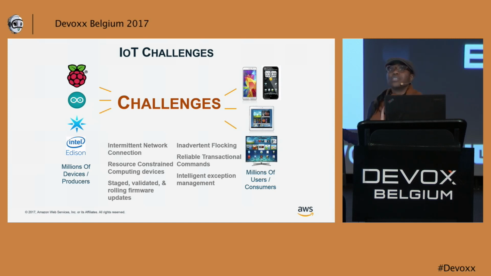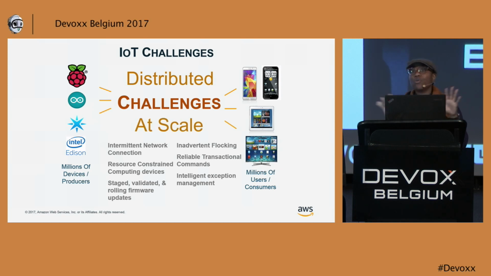And then there are trillions of different phones. If we think about the Android platform itself, there are millions of them. So you have to deal with not only the hardware aspects, but also software challenges. And when you start talking about distributed software, those challenges become huge at scale. Do I have a network connection? Do I not have a network connection? How do I manage 1 million devices to 1 billion devices versus just the few I have in my home?